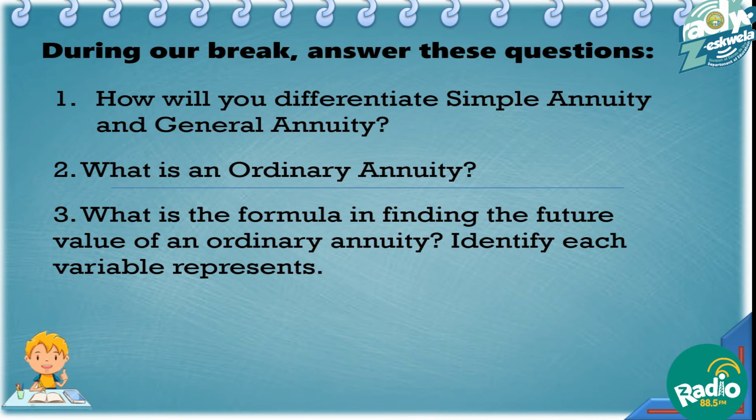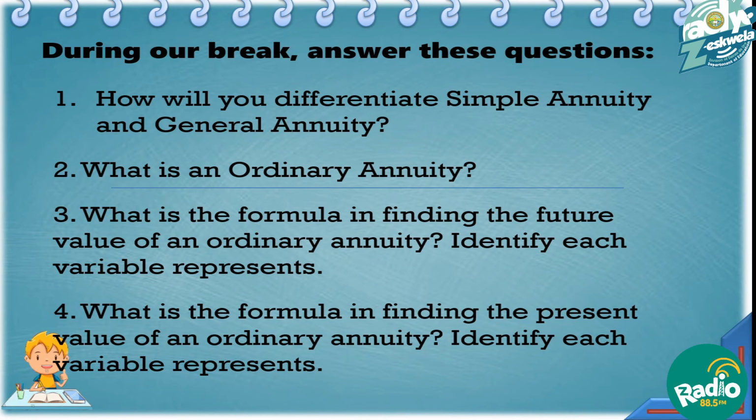Identify what each variable represents. Number 4. What is the formula in finding the present value of an ordinary annuity? Identify what each variable represents.